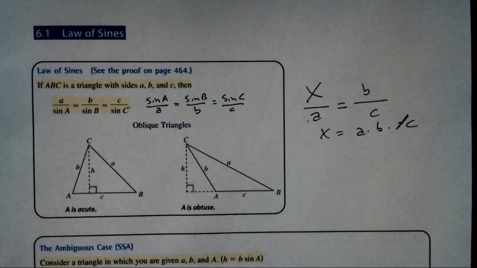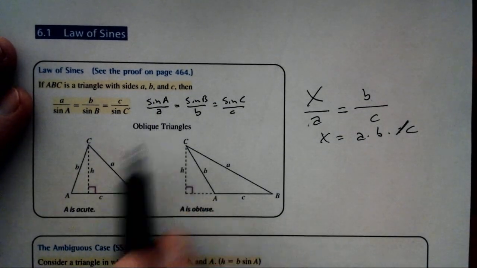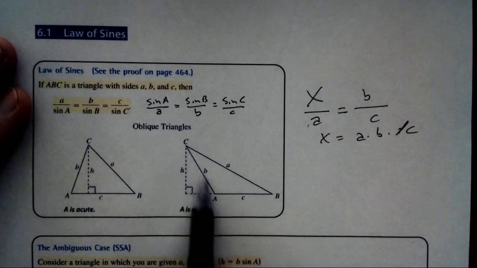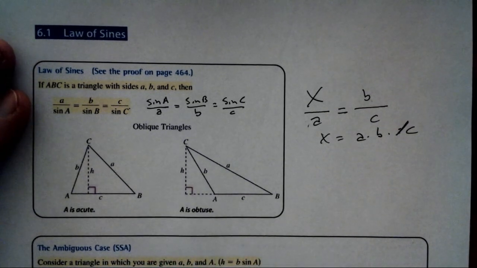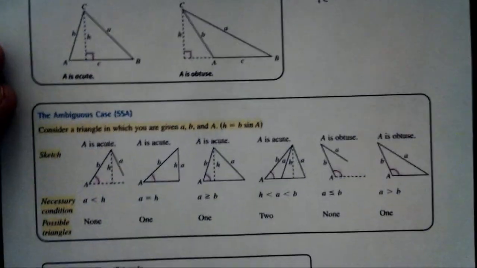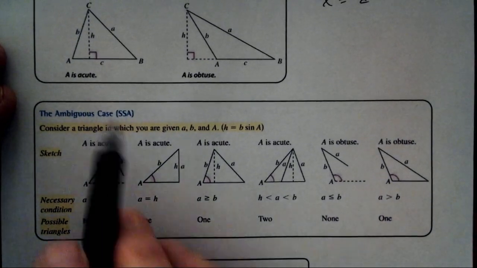Oblique triangles are triangles that do not have right angles. Some are acute, and some are referred to as obtuse when they have an obtuse angle. Things to be alert to when using law of sines are when we're given a side-side-angle problem.